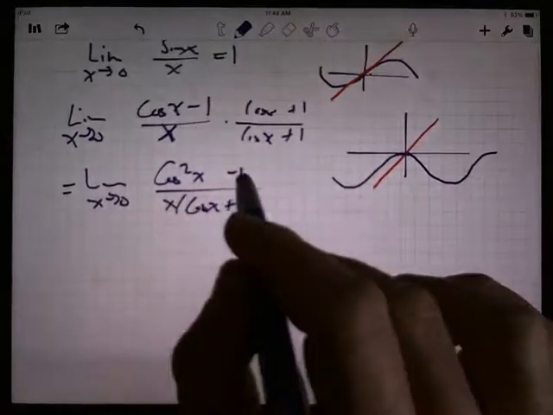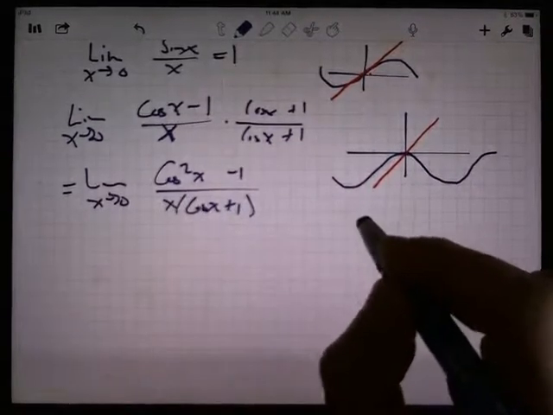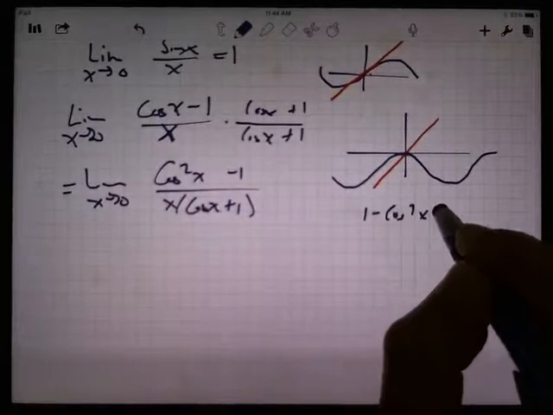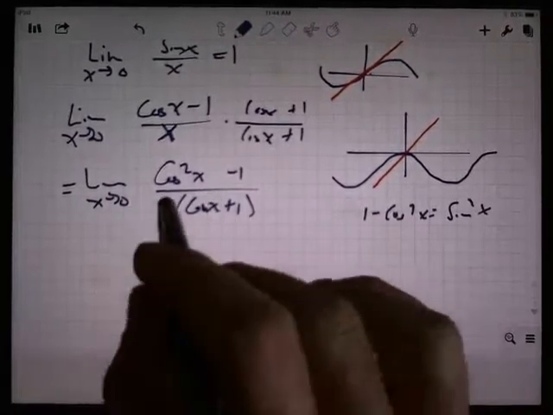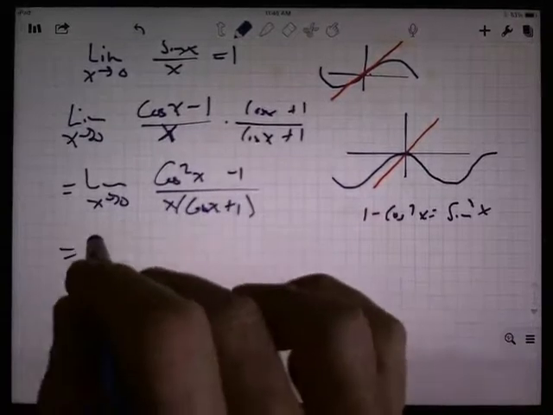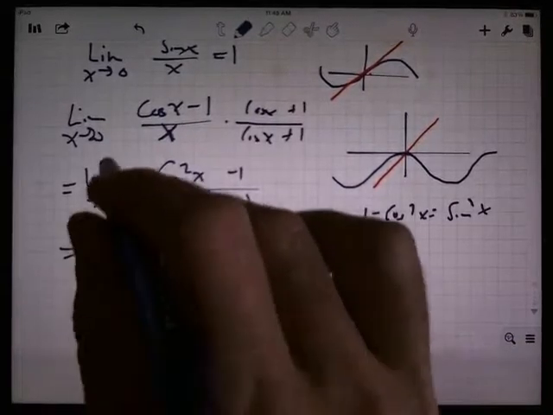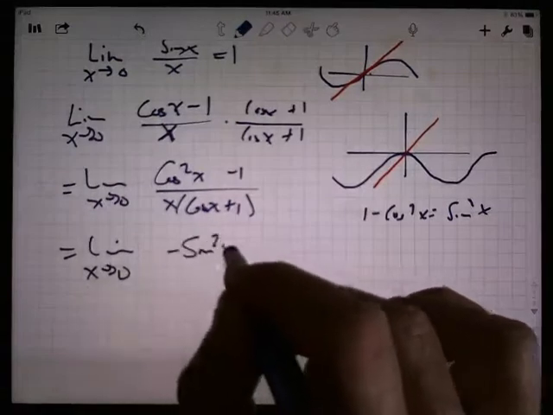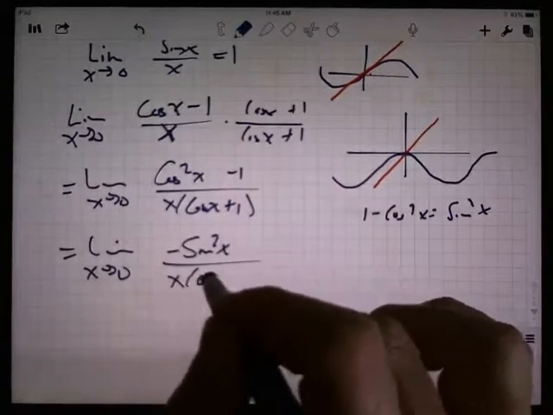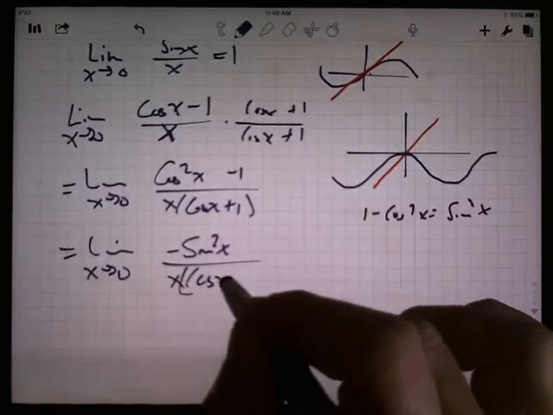The cosine squared x minus 1, actually, I'm used to it this way. 1 minus cosine squared x is the sine squared x. So I have a negative of that. So the numerator is negative sine squared x. So this is the limit as x goes to 0 of negative sine squared x over x times the cosine x plus 1.